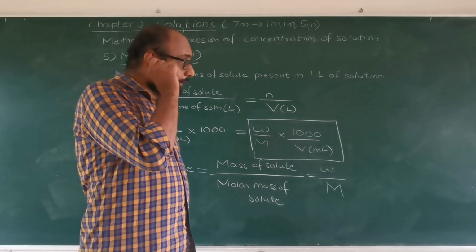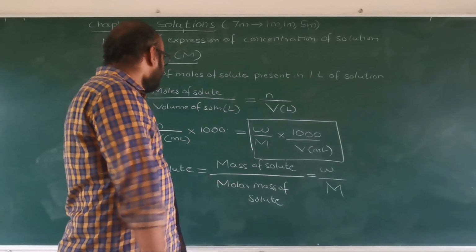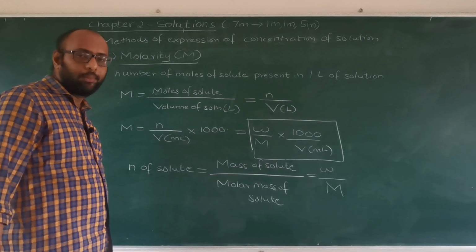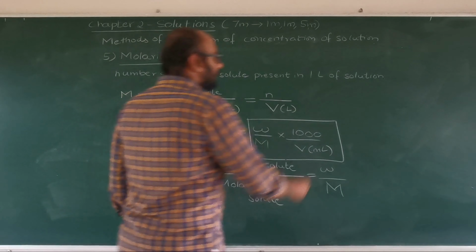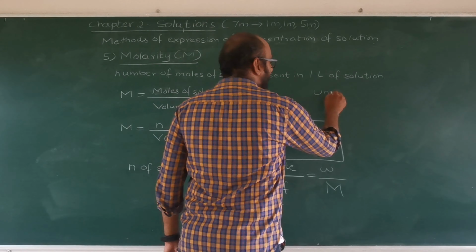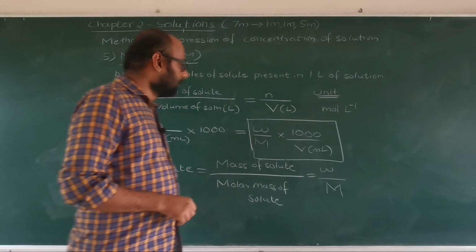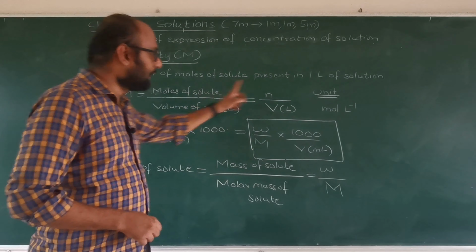Now, the units of molarity. Molarity is nothing but moles of solute divided by volume in liters. So the unit for molarity will be mole per liter. This is moles of solute, hence you are taking mole, divided by volume, which is present in liter.